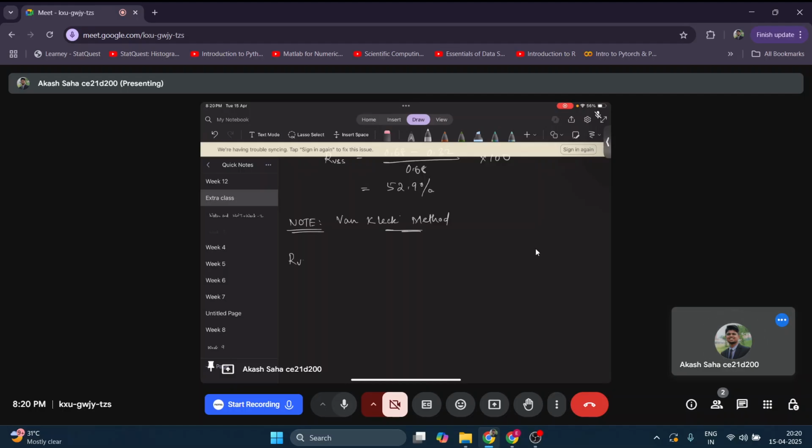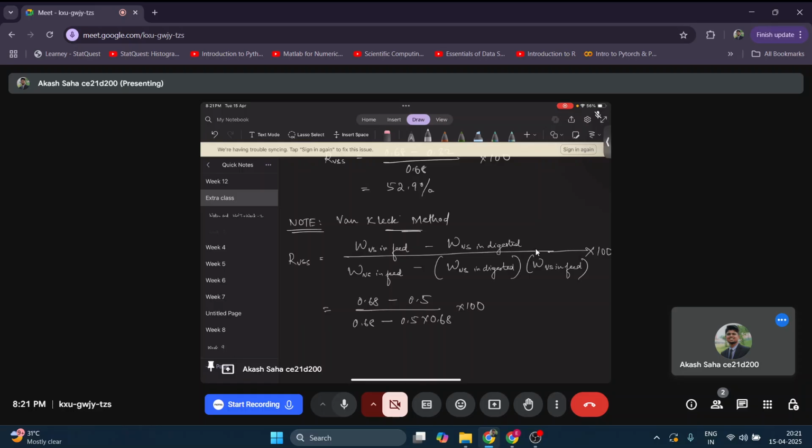The formula is percentage reduction in volatile solids: weight of volatile solids in feed minus weight of volatile solids in digested, divided by weight of volatile solids in feed minus weight of volatile solids in digested into weight of volatile solids in feed, into 100. So directly we can get the answer.